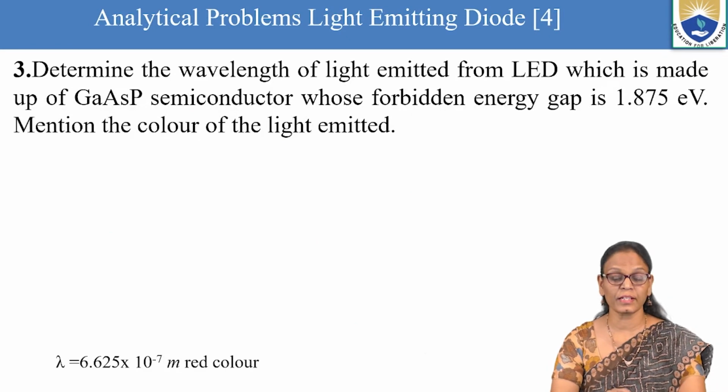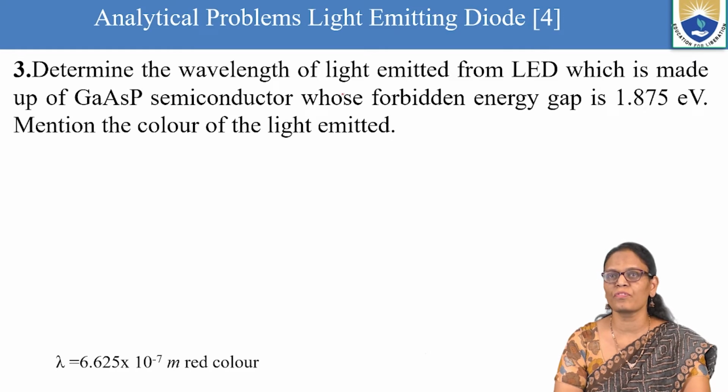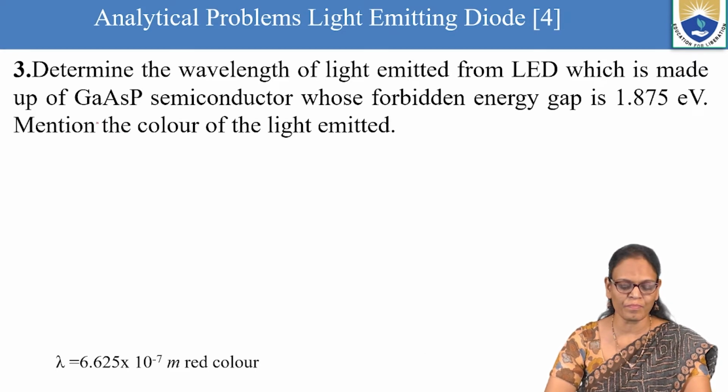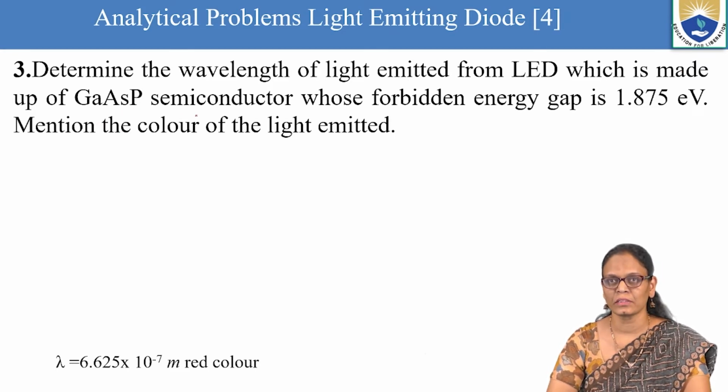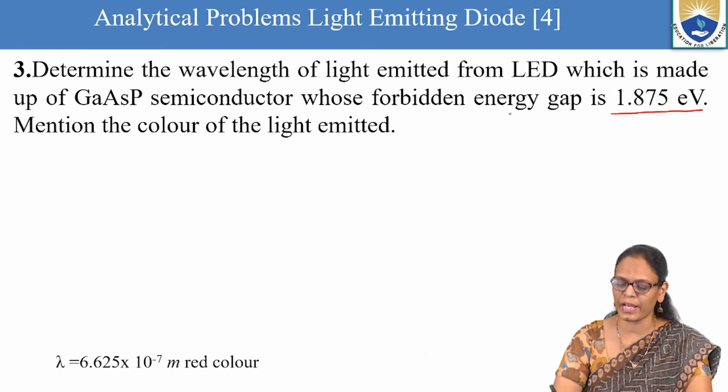Now let us see the third one. Determine the wavelength of light emitted from LED, which is made up of gallium arsenic phosphide semiconductor, whose forbidden energy gap is 1.875 electron volt. The energy gap is given here.